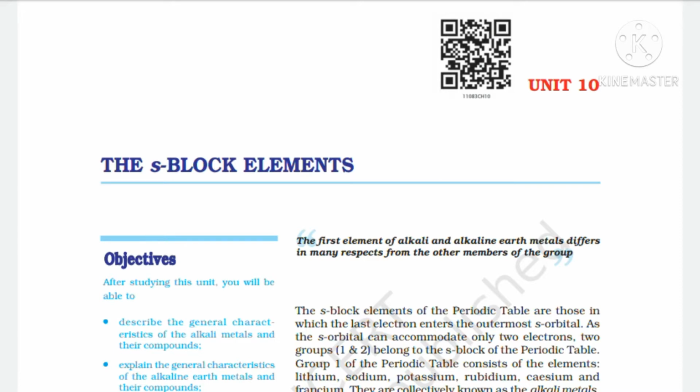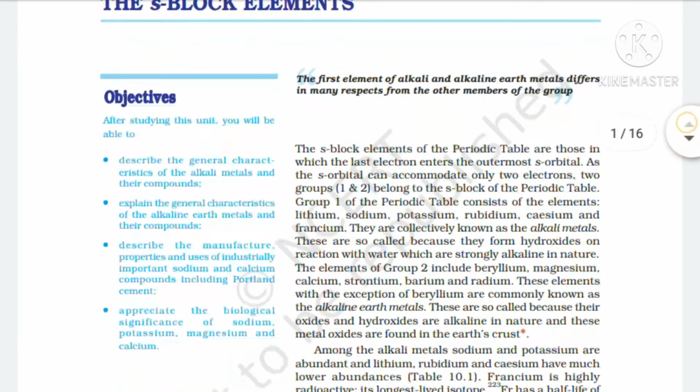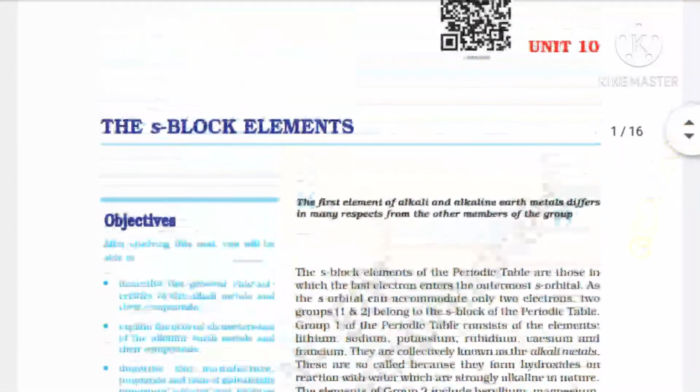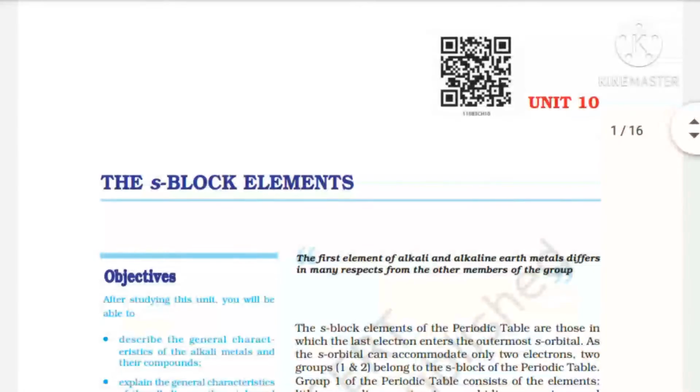The first element of the alkali and alkaline earth metals differ in many respects from the other members of the group. The s-block elements of the periodic table are those in which the last electron enters the outermost s orbital.